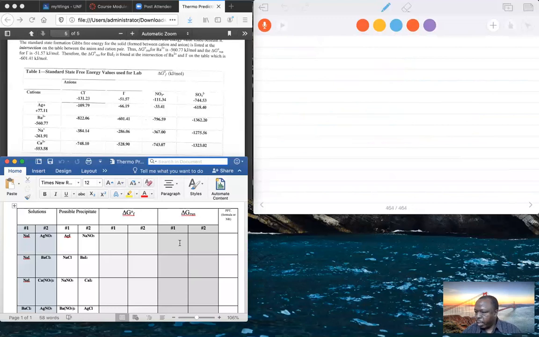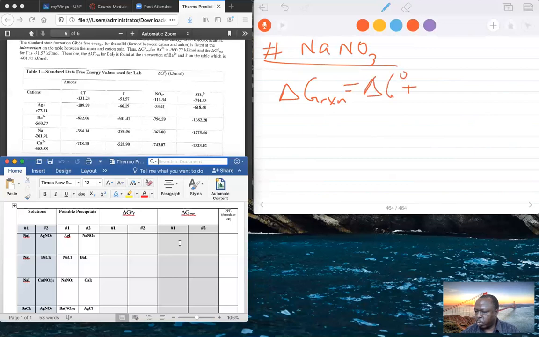For number one, which was sodium nitrate solid, all right, delta G for the reaction is given by delta G naught plus RT ln of Q.